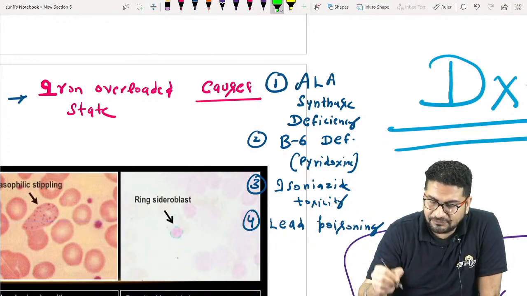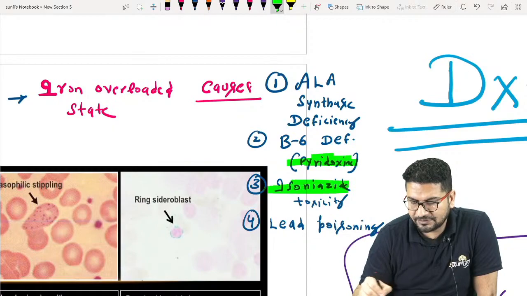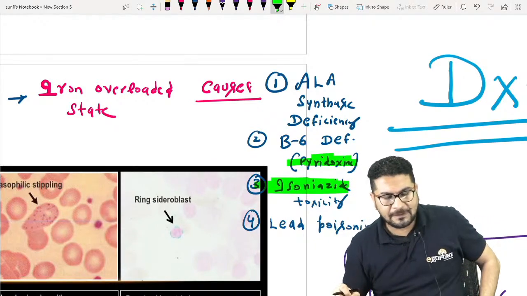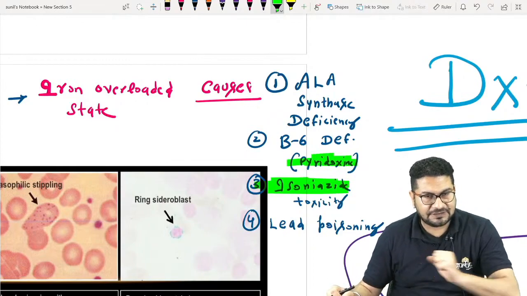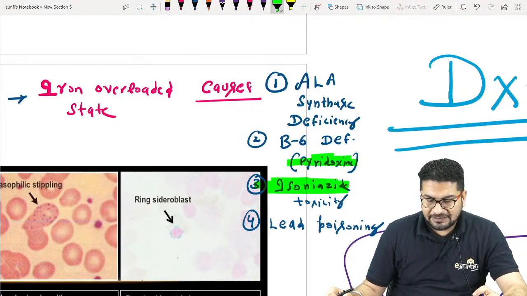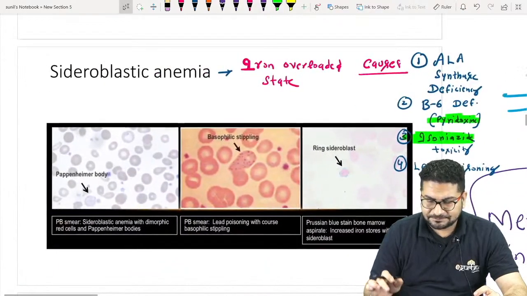For the MCQ point of view, what you have to remember is pyridoxine and isoniazid. These two are important. It can occur because of pyridoxine deficiency or isoniazid toxicity. Clear? So it is like an iron overloaded state, meaning the body is having too much iron.